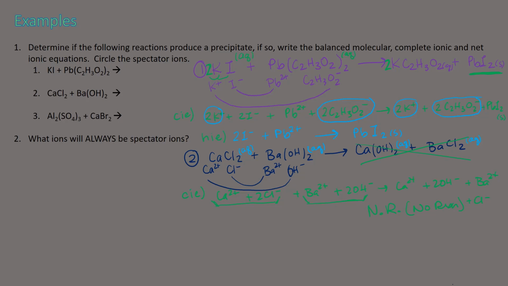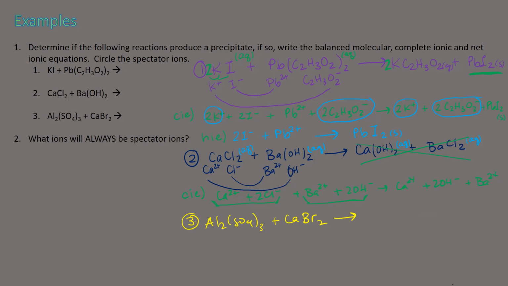All right, and then number 3. All right, we've got aluminum sulfate and calcium bromide. All right, I'm going to have to erase this.